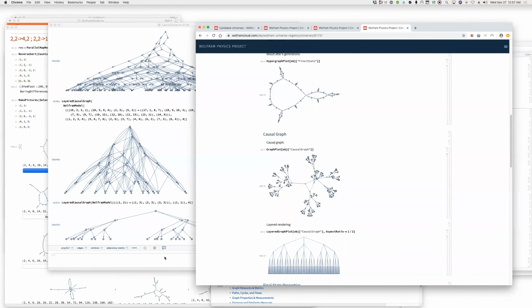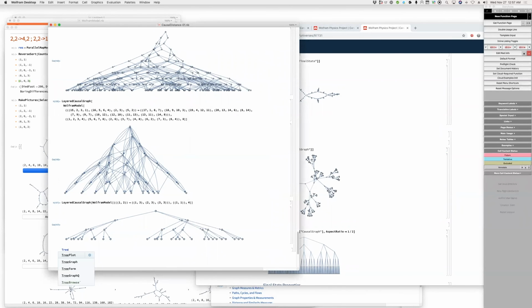But we can just test for that. Well, if it's a tree, it's not very interesting.